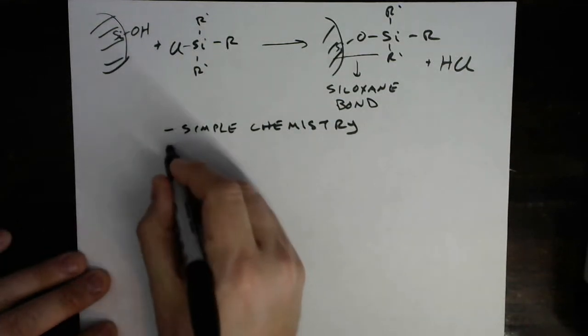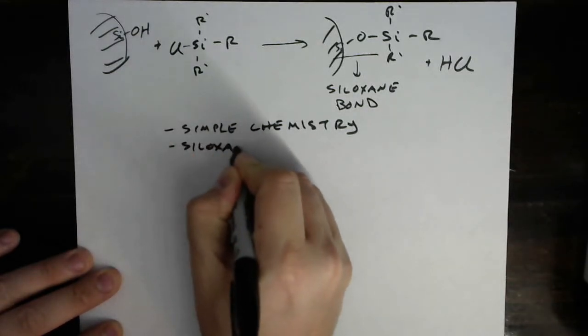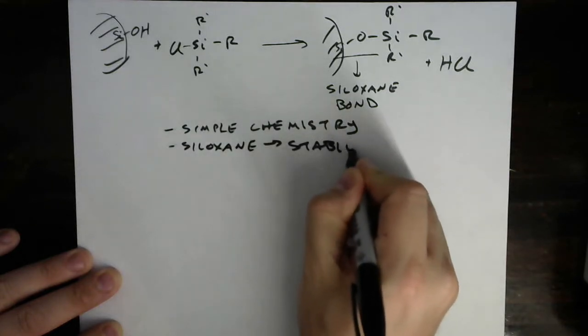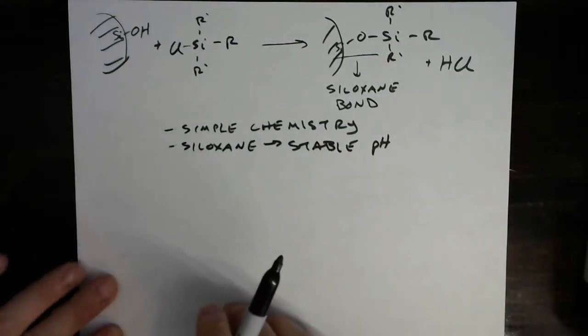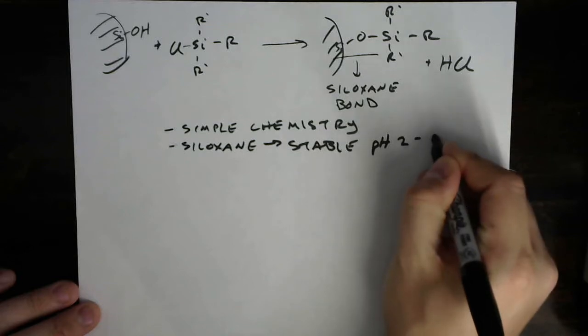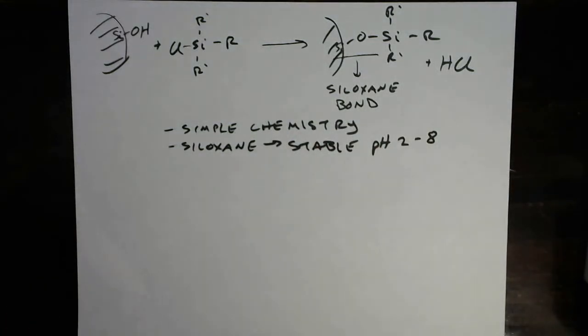Another thing to keep in mind here is that the siloxane bond is going to be stable in the pH range from, and these aren't hard and fast rules, but basically all the way down to 2 up to at least 8. I use materials like this pushing pH 9, and I don't think that it's hugely problematic.